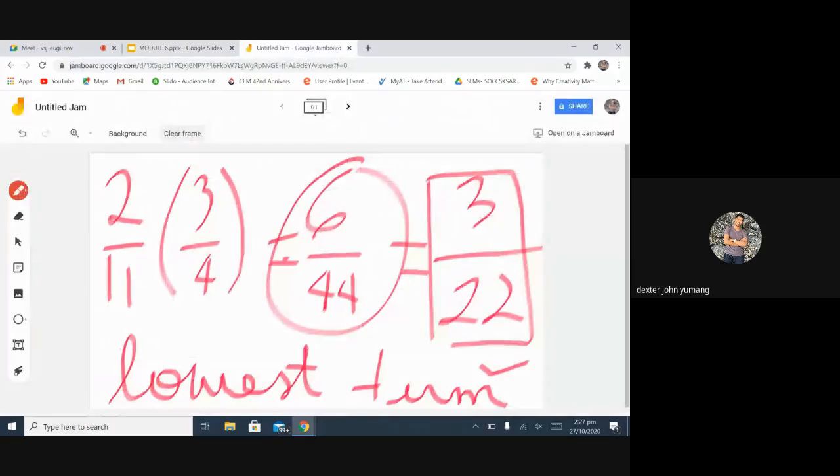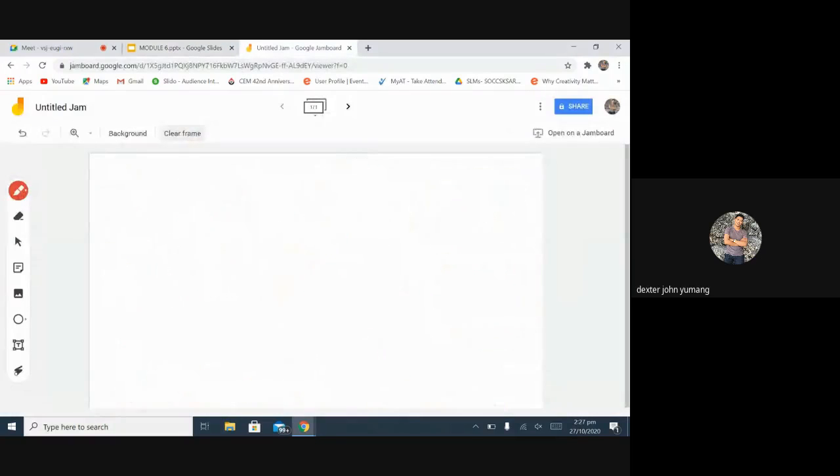What about divide? Ito yung divide. Yung reciprocal na sinasabi ko, ano ba yun? 1/5 divided by 2 over 3. So, pag i-reciprocal po natin siya, yung 1/5, the same lang po.